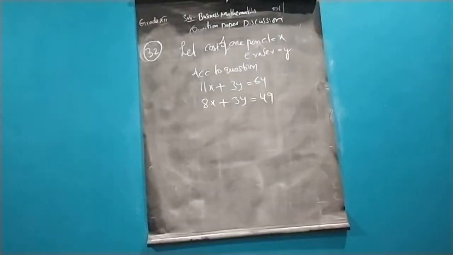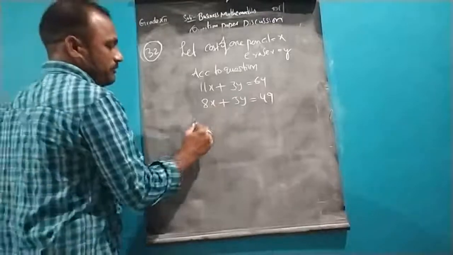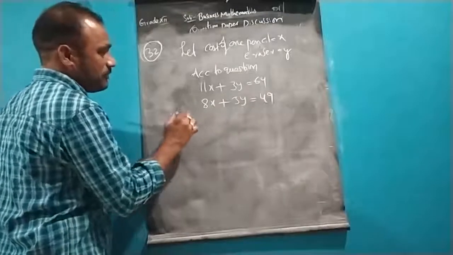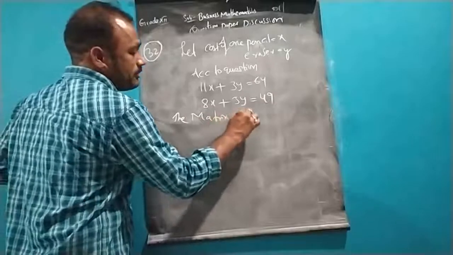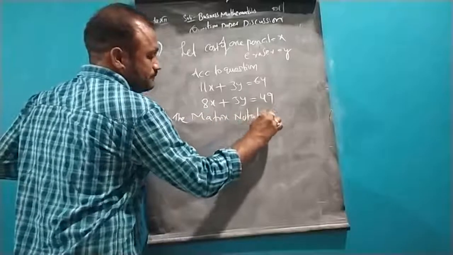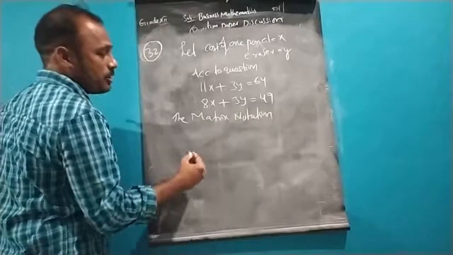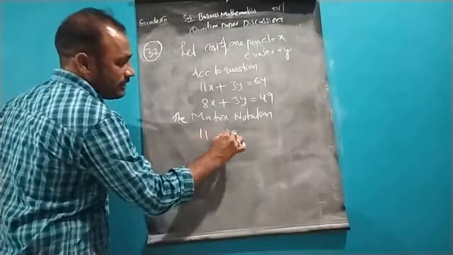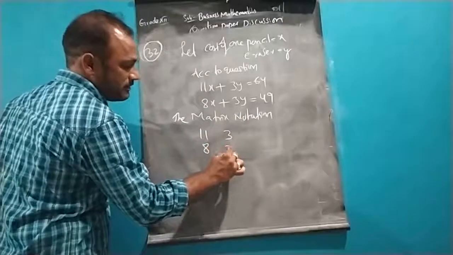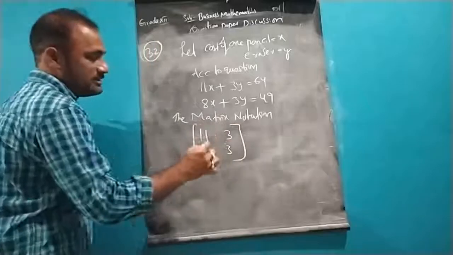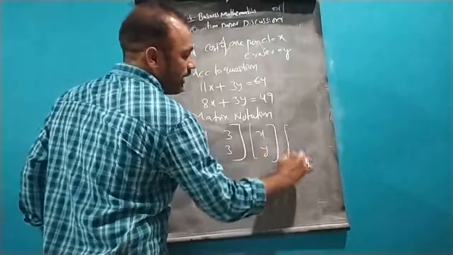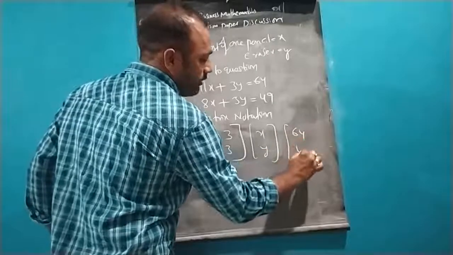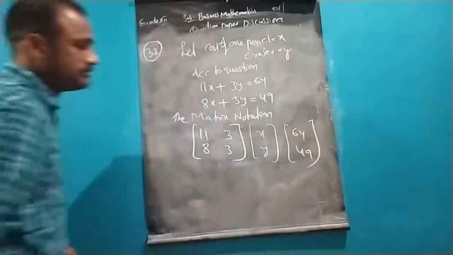So we have to solve this by using Cramer's rule. First, the matrix notation form: 11, 3, 8, 3. This is matrix A. The variable matrix is x and y, and the constant matrix is 64 and 49.